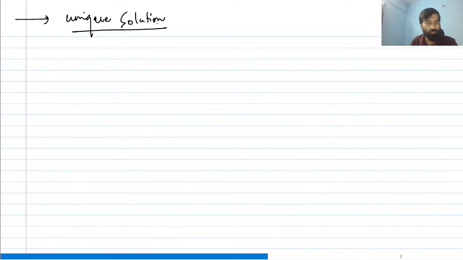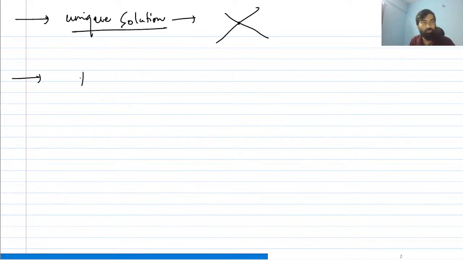In case of unique solution, two lines are intersecting each other at one point, so you will get a unique solution.